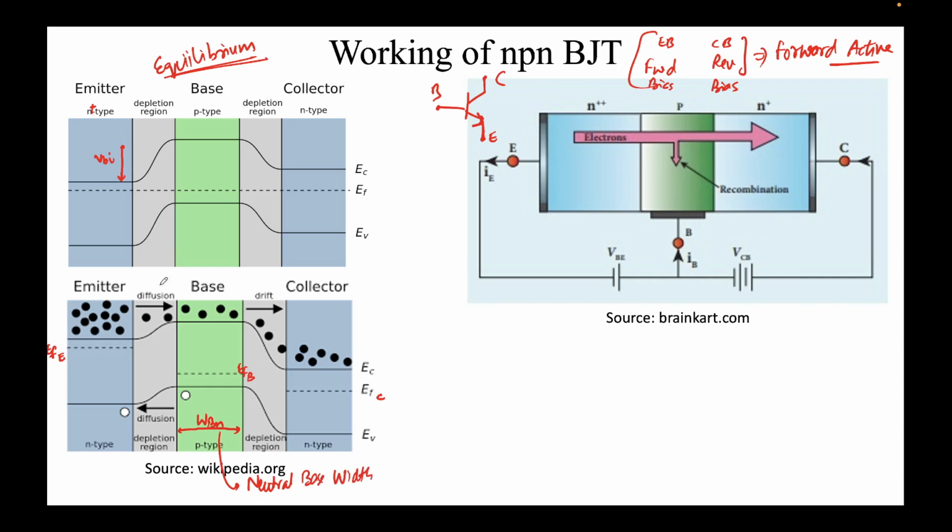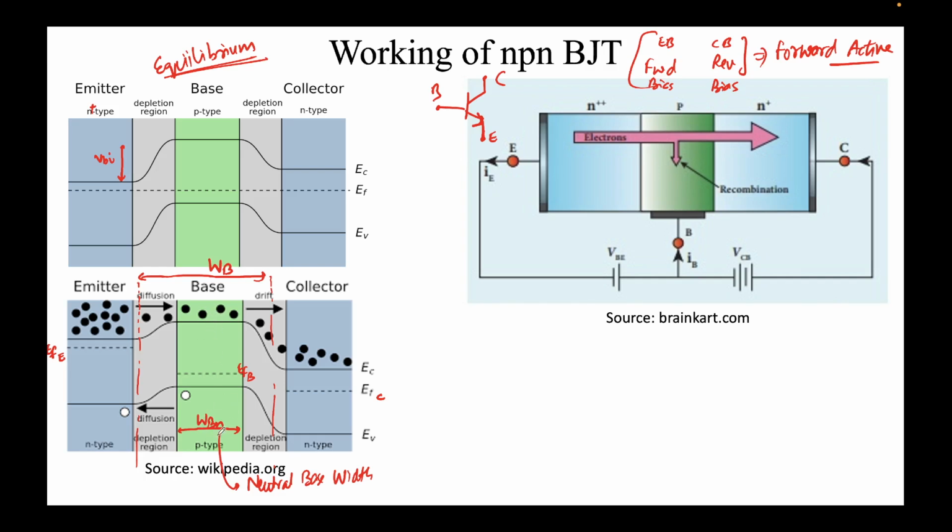Please understand that the metallurgical junction will be somewhere over here, and let's say this is over here. So this is your metallurgical base width, WB. That's not of interest to us because there are depletion regions on both sides. What we are interested in is what's happening in this region, because the recombination can only happen here.